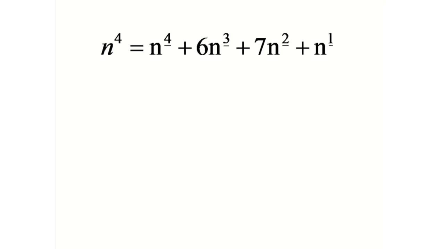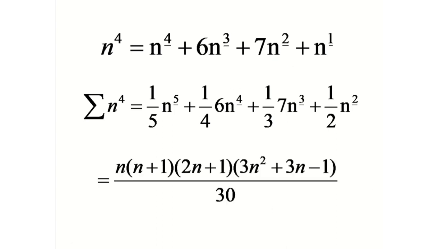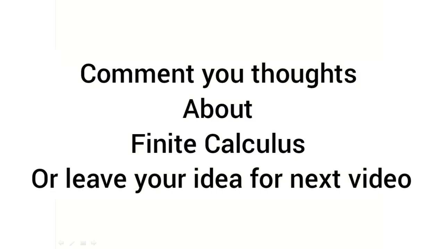We can write it in this form, and now we can directly finite integrate it. Just increment the power and also put it in the denominator, and if you expand all the factorial powers and simplify, you will get this formula, which is the general formula for the summation of n to the power 4.